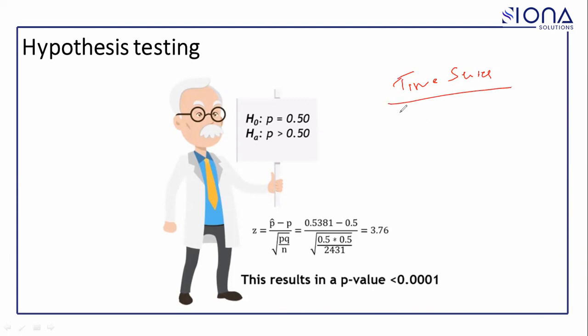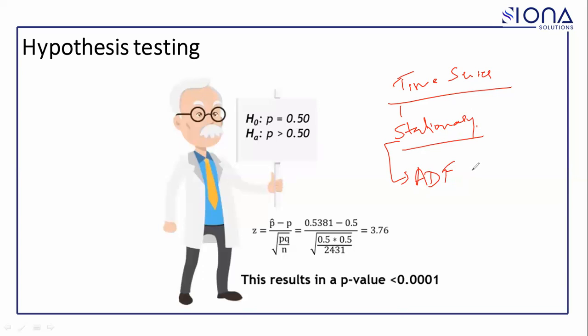In your time series, there is a concept called stationary. In order to test the stationarity of your time series, you do a test called the ADF test. The full form is augmented Dickey-Fuller test.